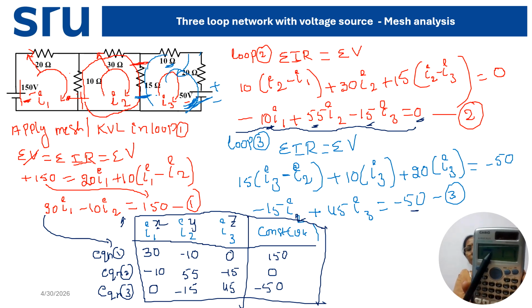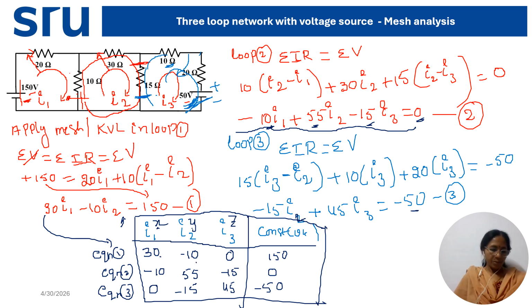The first number here is 30. Press 30, equals, then it will ask for the y coefficient, the B value, which is minus 10.